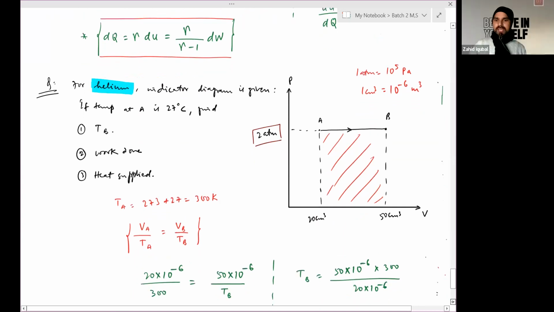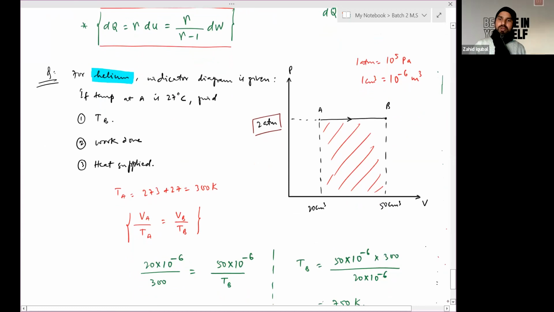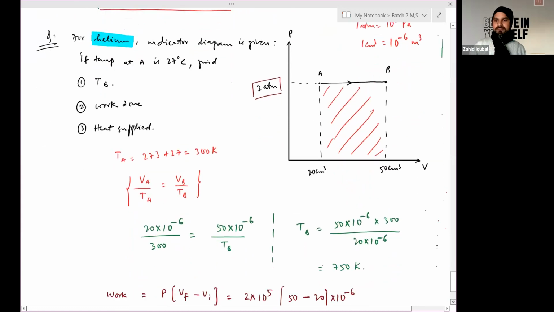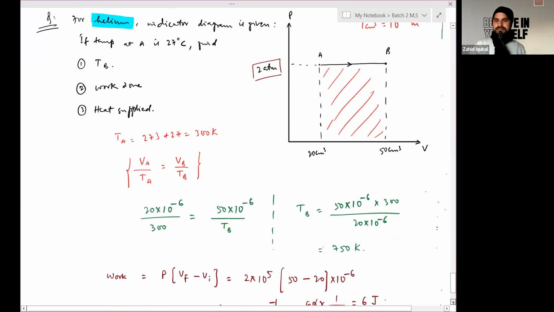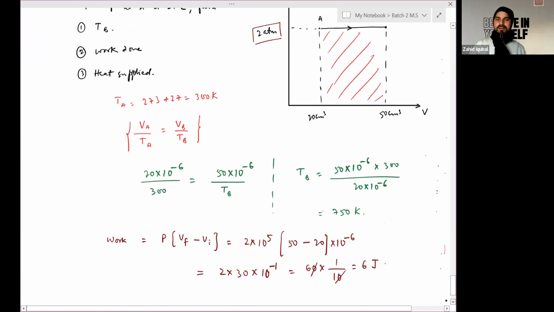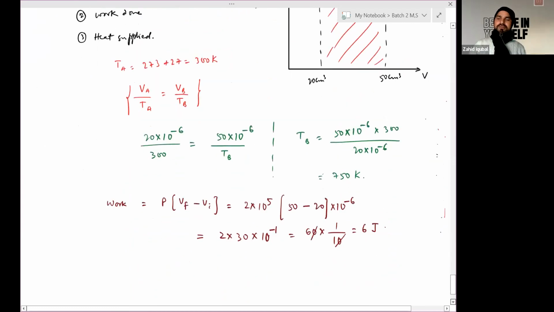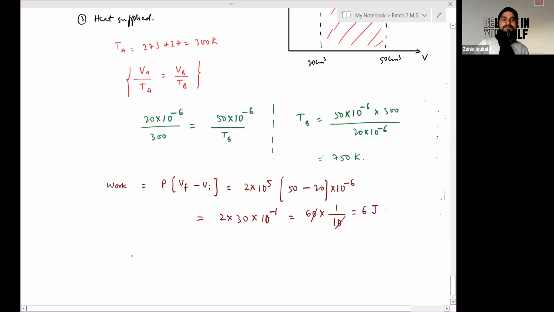So what will be the value of degree of freedom for monoatomic gases? Asma, if you know.